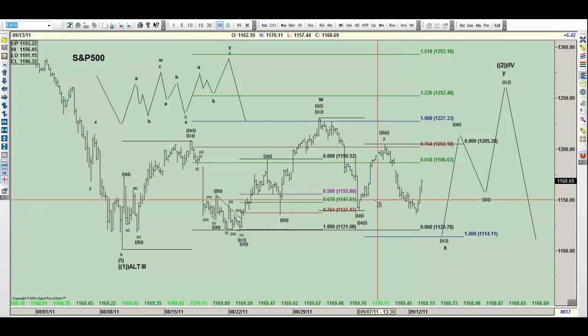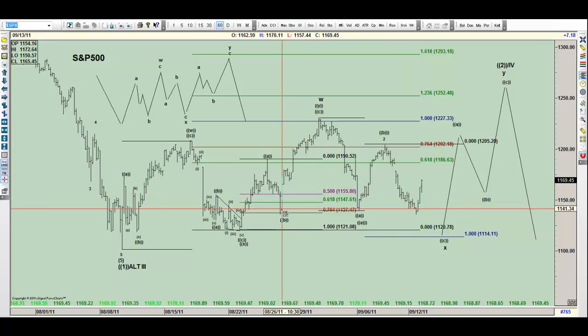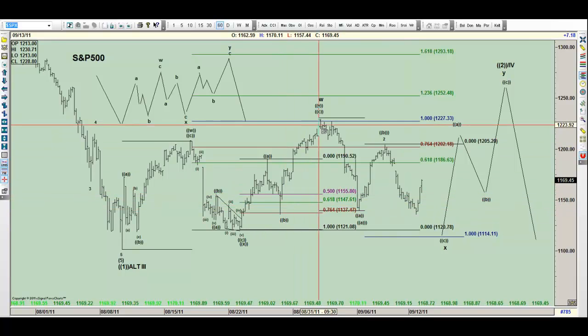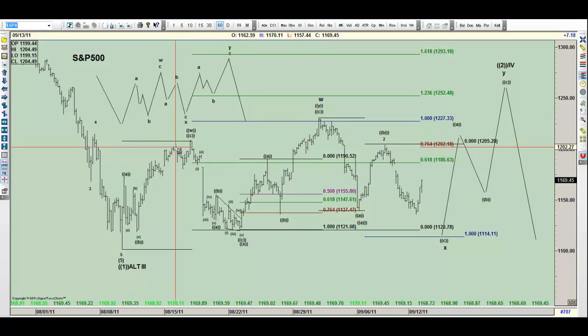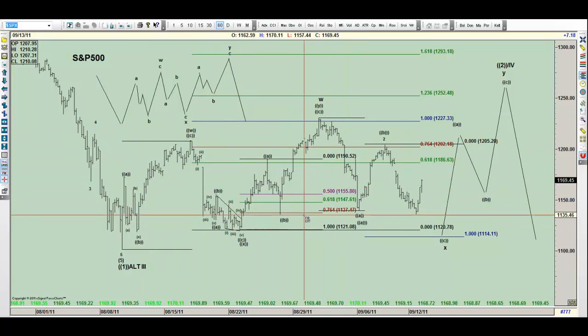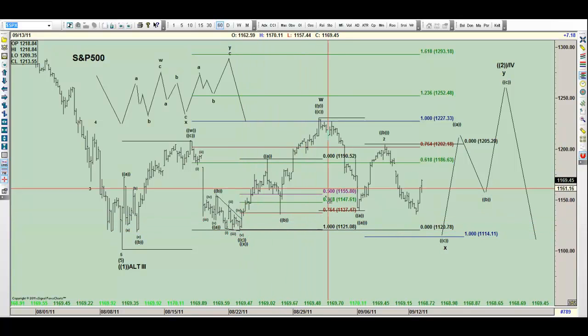That was the case. You have a defined target here using reverse analysis, and also you have a defined risk, which is 1121. And that was the case.